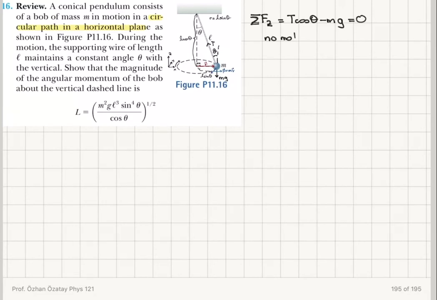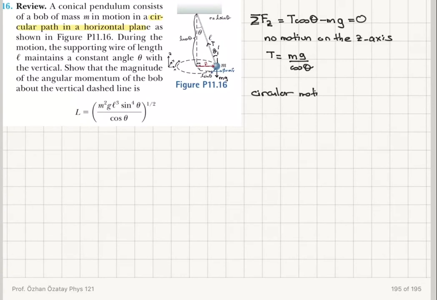This must be equal to 0, because there is no motion on the z-axis. So this tells me that the tension on the string is equal to mg divided by cosine theta.